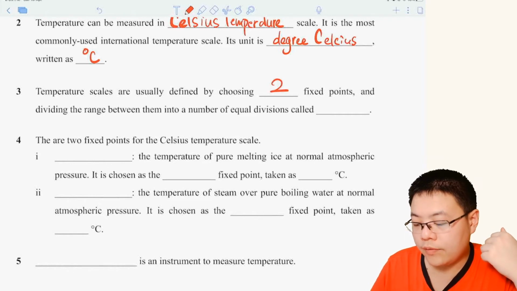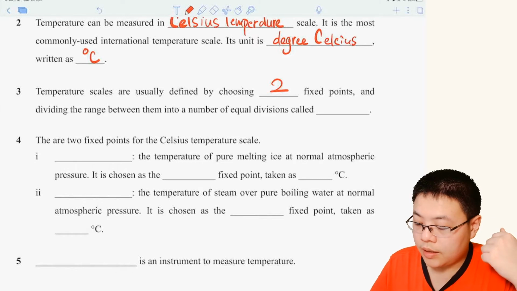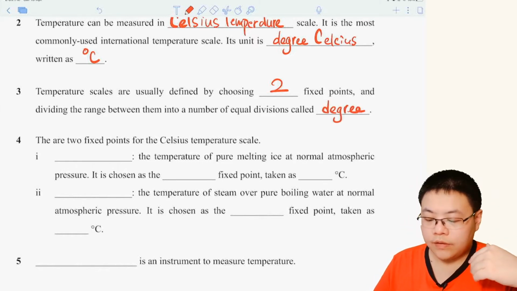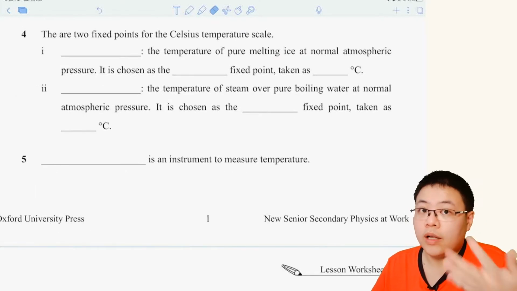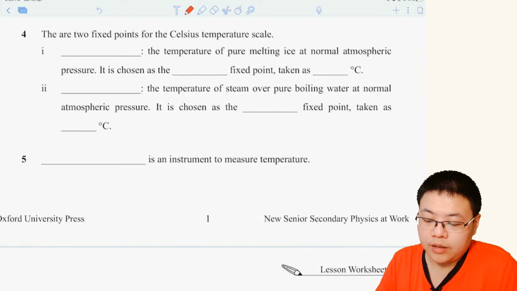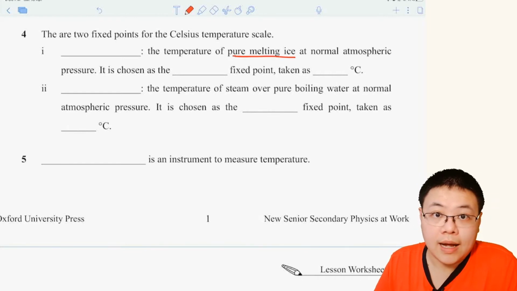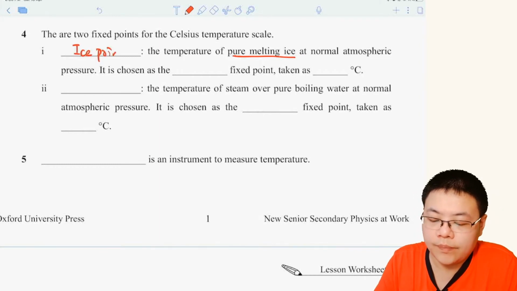2 fixed points. And what are they called? They are called the upper fixed point and the lower fixed point. Okay, question 4. There are 2 fixed points, and what are their names that we are after in the first blank? The first one, it is using pure melting ice, so it is of course the ice point here.